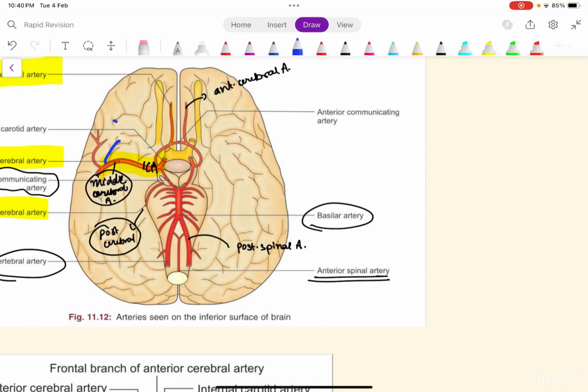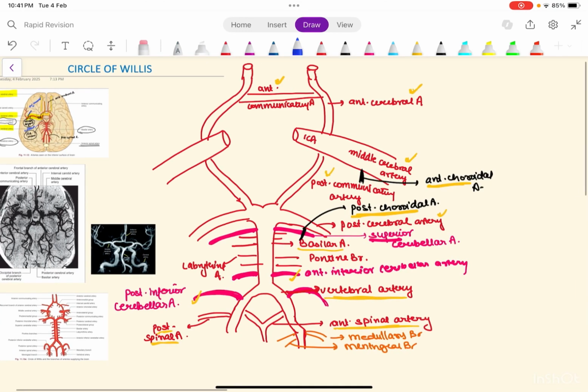All right, anterior, just give me a second. Here you had anterior choroidal artery, and from the posterior one you had posterior choroidal artery, right?